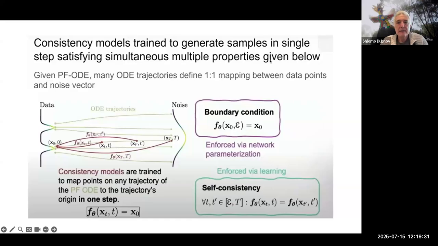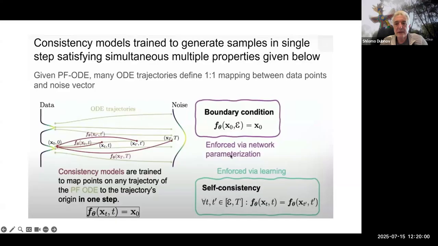So they're basically trying to generate samples in a single step, and they need to satisfy multiple properties. As we have seen before, from all points along this trajectory, we have a function that recovers the same initial data. So they're trained to map points on any trajectory of the ODE to the same starting point.